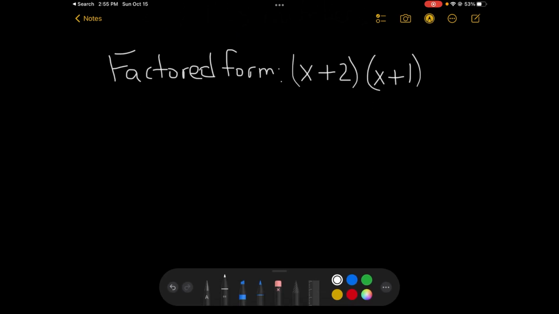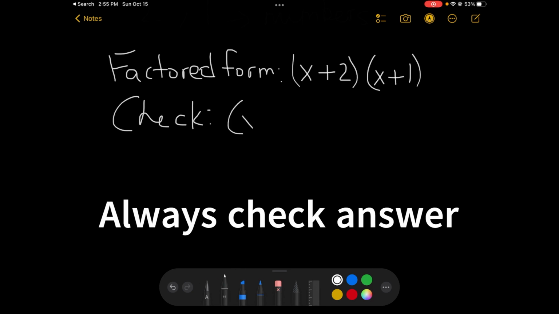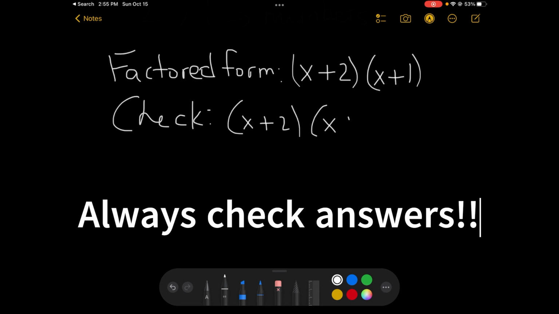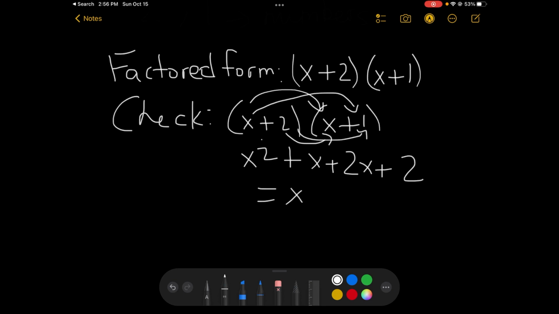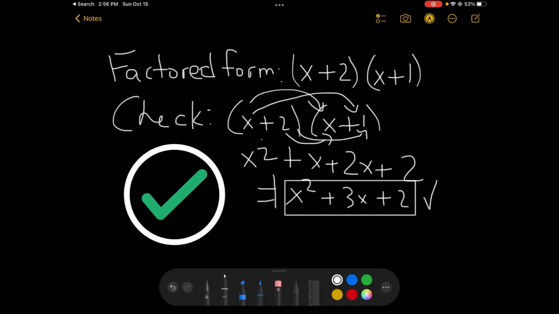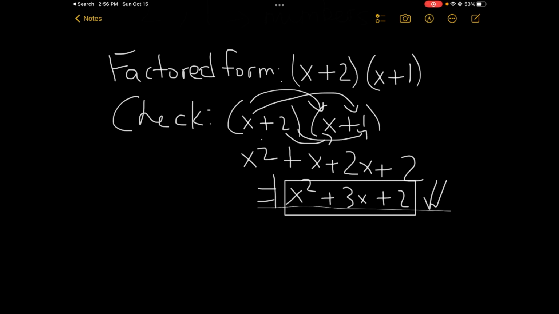So let's check. x plus 2 times x plus 1. So this is x squared plus x plus 2x plus 2. We used FOIL here. And when we combine like terms, we get x squared plus 3x plus 2, which matches the quadratic we were given.